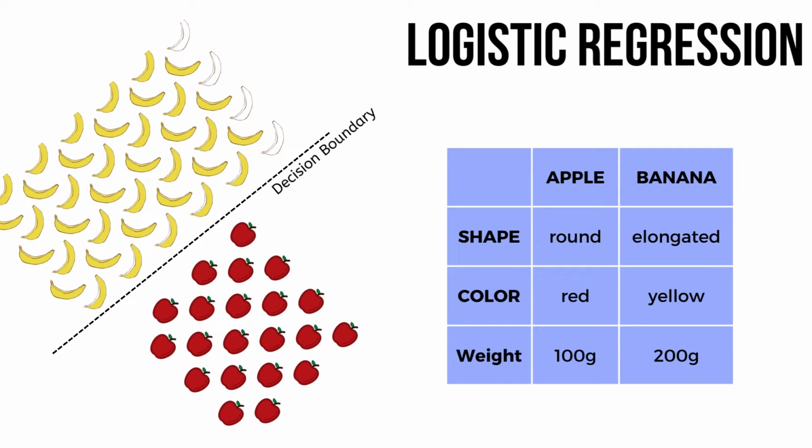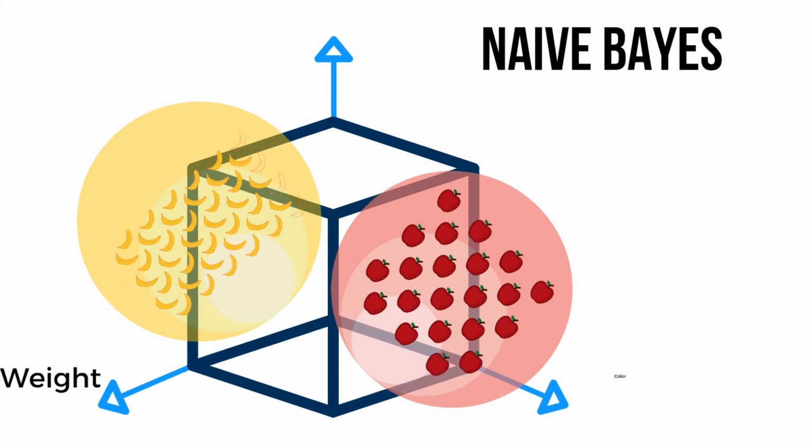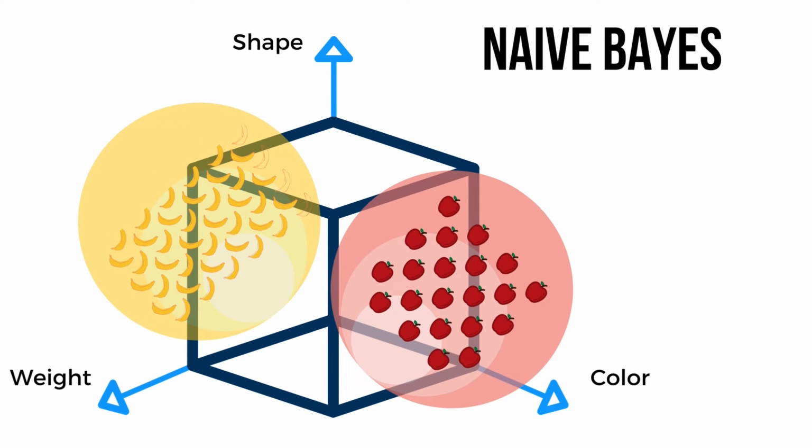This method of creating a decision boundary based on features of examples is the essence of discriminative learning. On the flip side, generative learning, used by the naive Bayes model, attempts to understand the distribution of each class in a multidimensional plane, like a three-dimensional space for our three fruit features. The model tries to visualize where apples and bananas are likely to appear in this space, based on their color, shape, and weight.